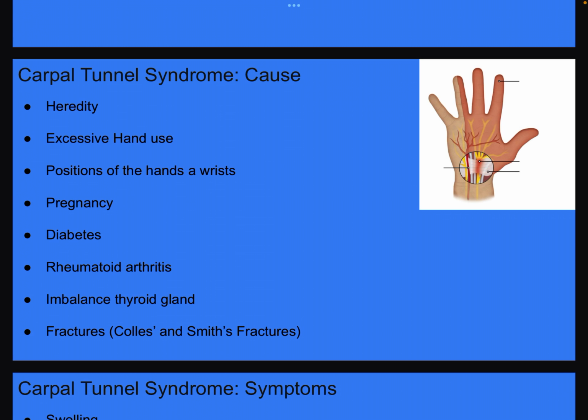So for pregnancy, it might be a temporary thing, but besides diabetes, that could be an entire thing, depending on what type of diabetes you have, because it can happen in both.